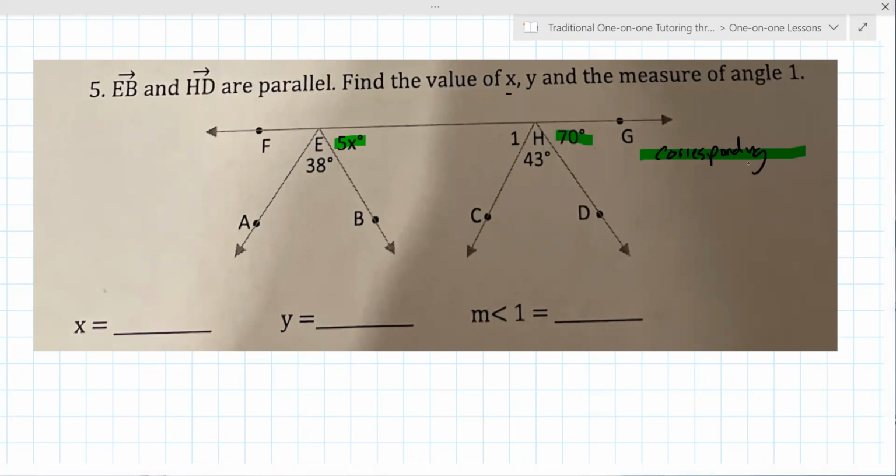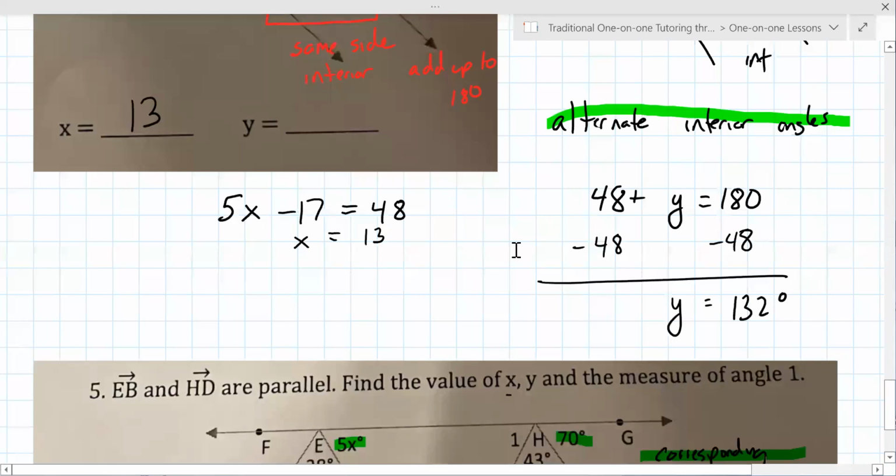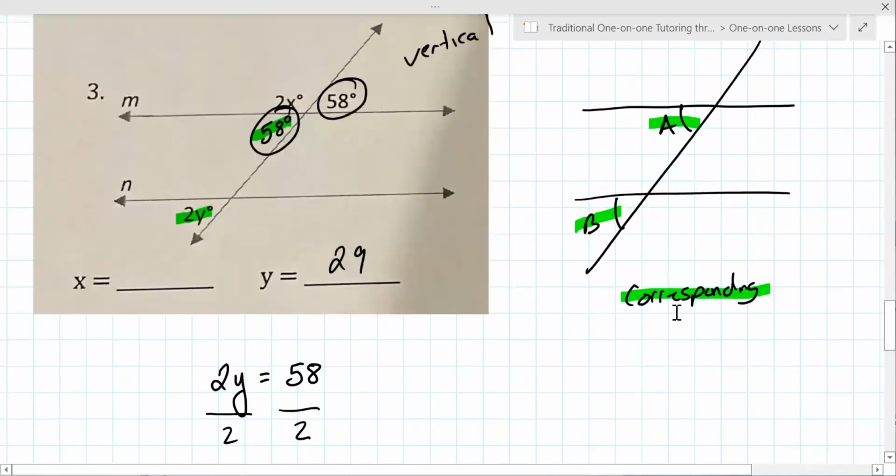What did we say about corresponding earlier in our lesson? There's no y. Let's go back and look. What did we say about corresponding angles in this problem? We put A on top and B on the bottom.